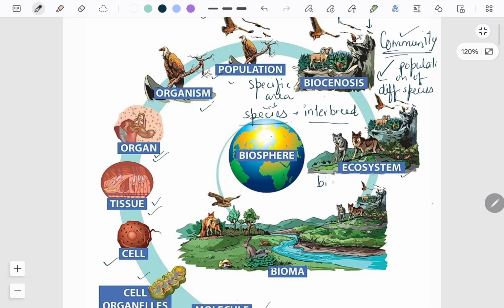Living is biotic, non-living is abiotic. So biotic plus abiotic factors in a given area is known as an ecosystem.